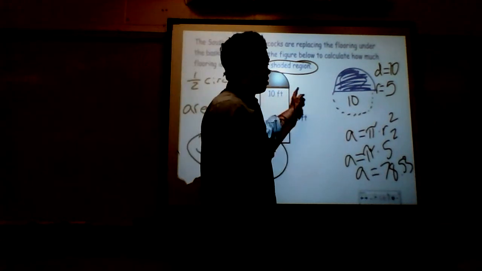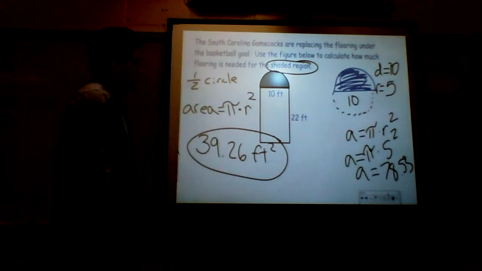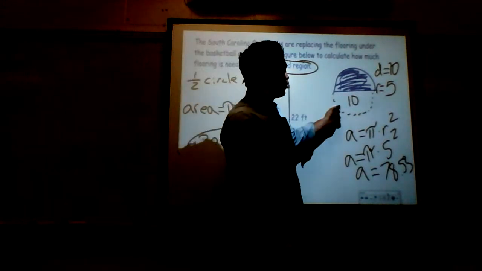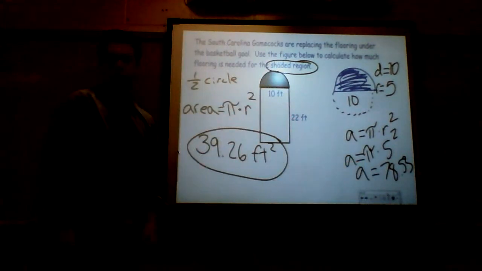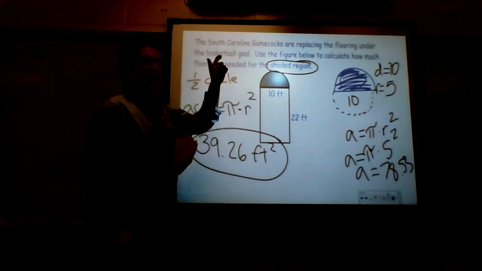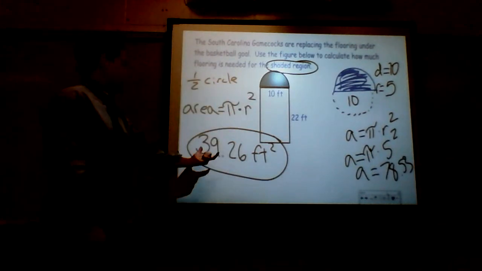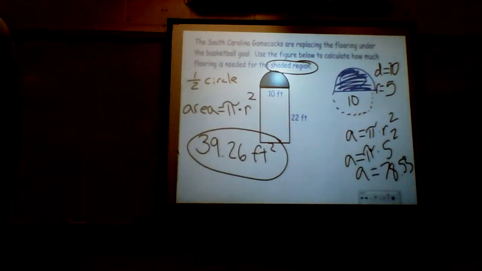The length across, the diameter, is 10, which means the radius has to be 5. So if I found the area of an entire circle, it would be 78.53. However, the shaded region was half of a circle. So I found the area of the whole circle and divided it by 2.